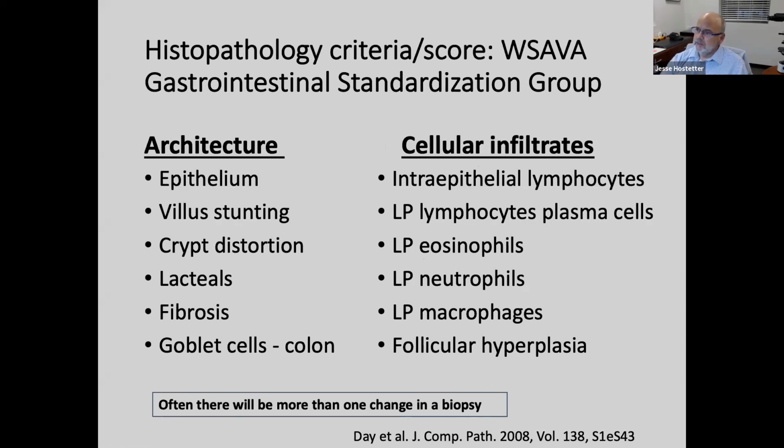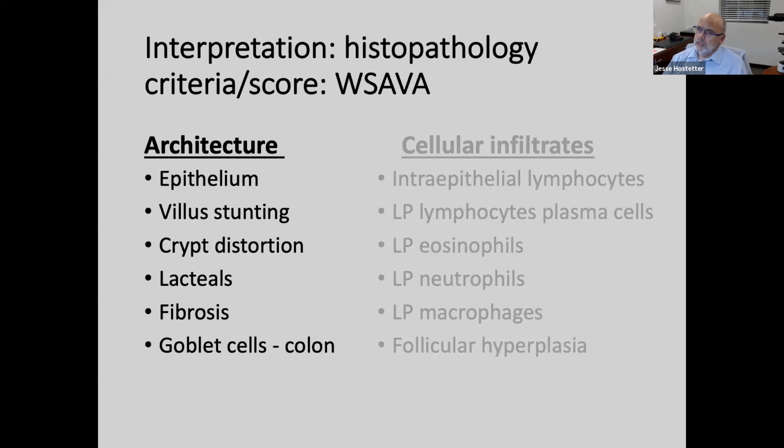So let's spend a minute or two talking about architectural changes. I think probably most of you know that these are likely the most powerful indicators of inflammation that we have. They, in my opinion, are the most objective parameters that we have to evaluate inflammation.